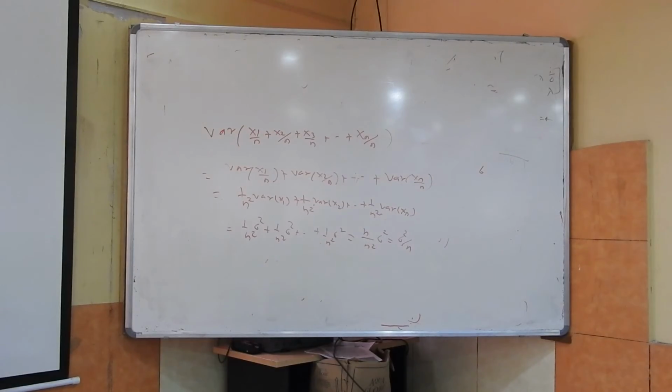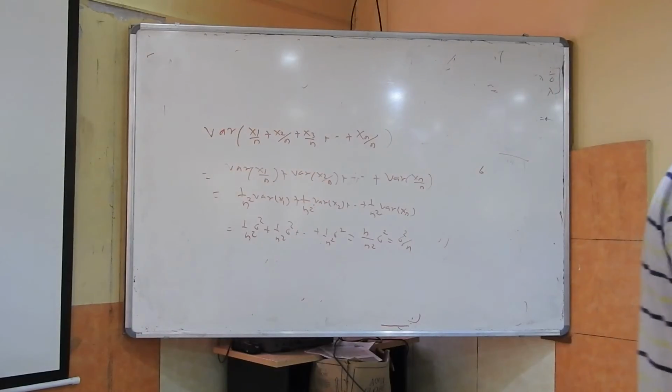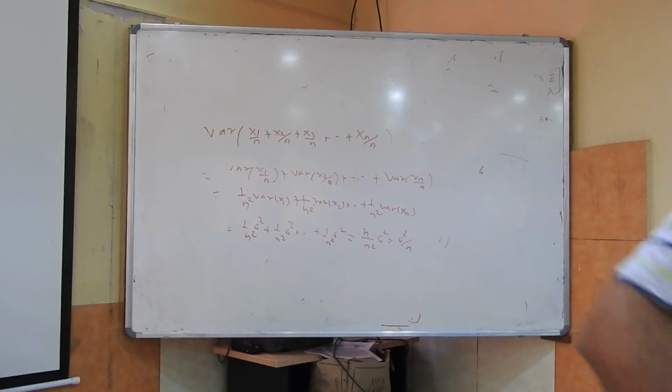One simple way is to pick up one orange, weigh it, and say that this orange seems to be 200 grams, so the average weight of oranges in the box must be 200 grams. That's one way of forming an estimate.